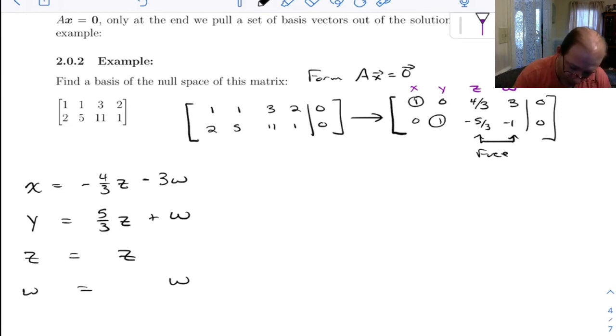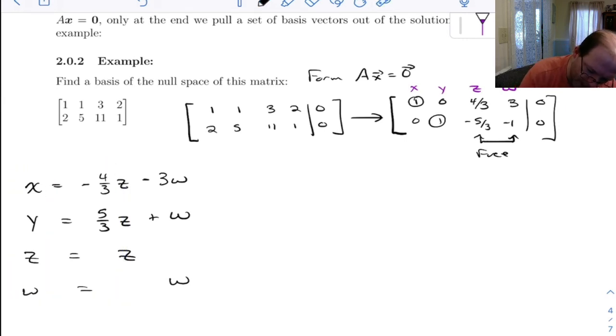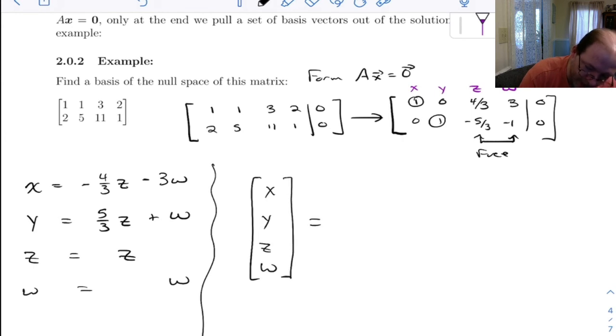Because now, what I can do is essentially think of this as being this times, well, I'll write it out since this is the first one. We're going to break this into x, y, z, w as a vector equals z times negative 4 thirds, 5 thirds, 1, 0.